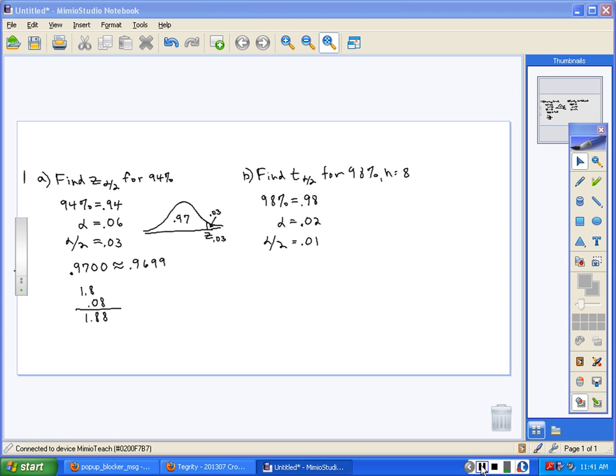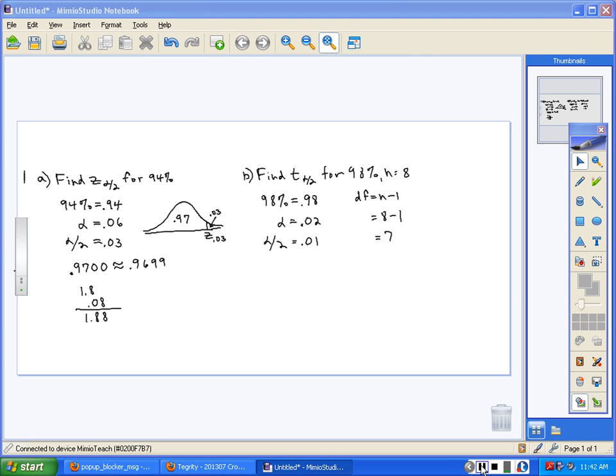The other thing that we need when we use the t table is degrees of freedom. And the formula for degrees of freedom is n minus 1. And you need to memorize that. Okay, n here is 8. So it's 8 minus 1, which is 7. So our degrees of freedom are 7.